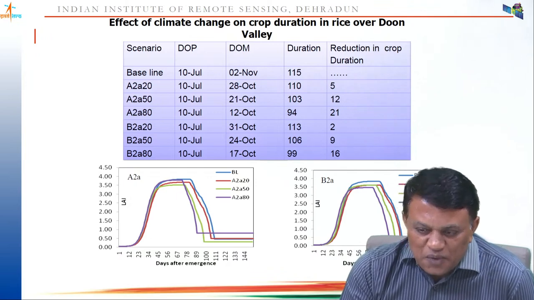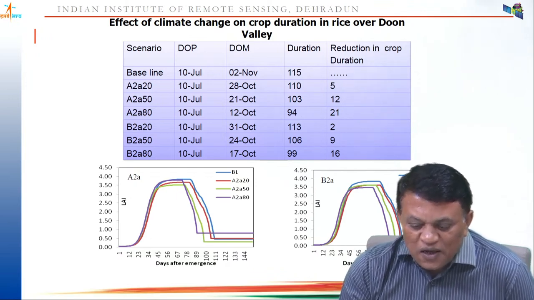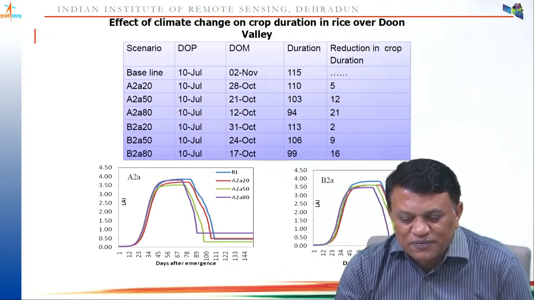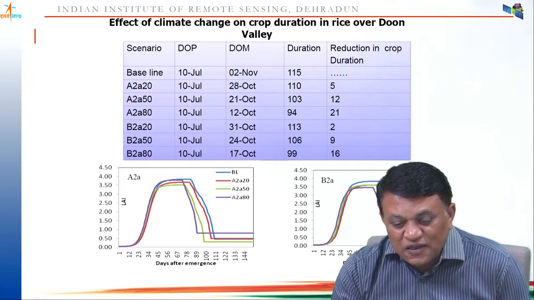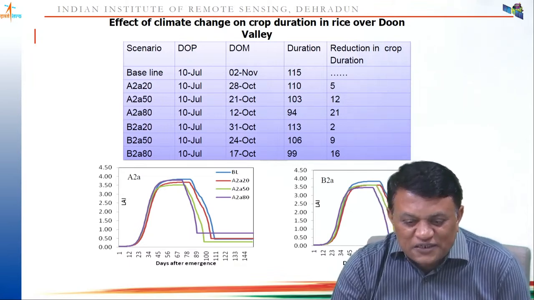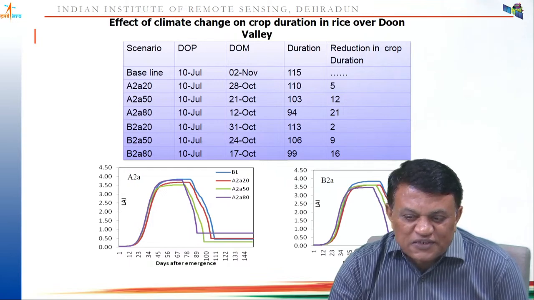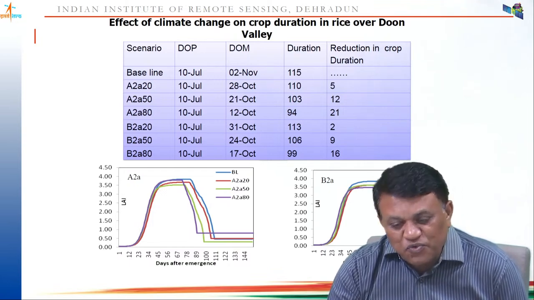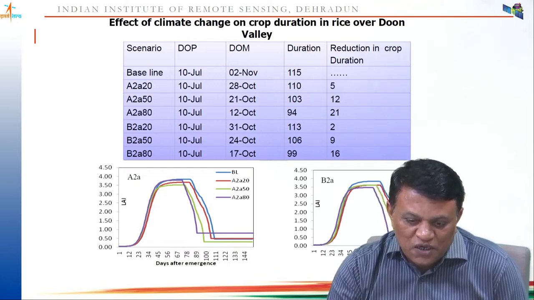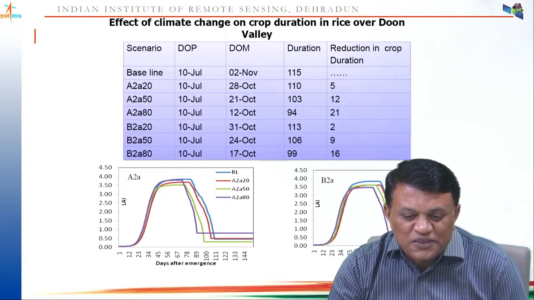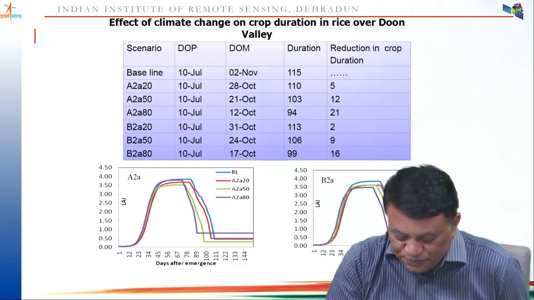When temperature shoots up, it leads to shortening of the growing season. As a result, there will be a lesser number of days during which photosynthesis will occur and crop produce will form. So shortening of the growing season finally leads to a decline in the crop yield.